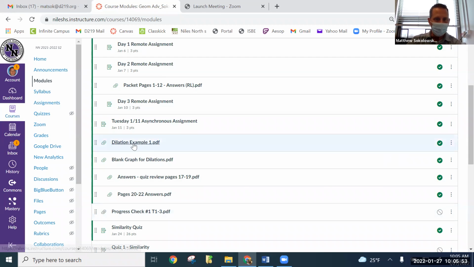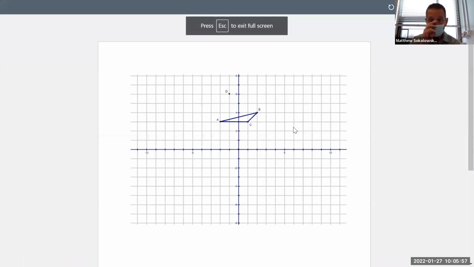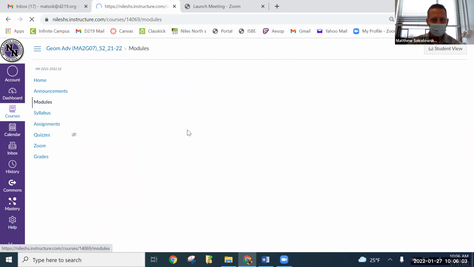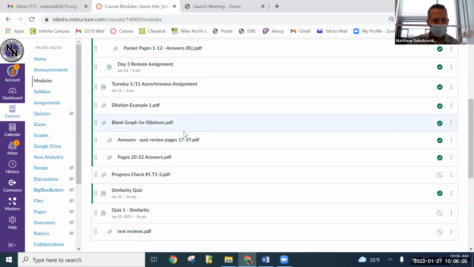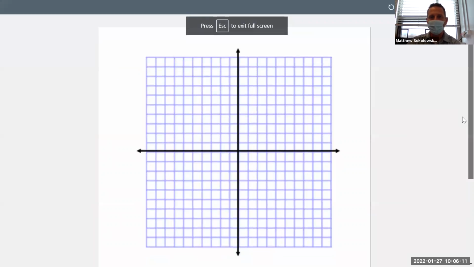Okay, so I'm going here, open this up. Oh, no, wrong one. Modules. Blank graph, oh, I clicked the wrong one. All right, so it's just a blank grid. Let's just do it like we had one on the quiz, right?